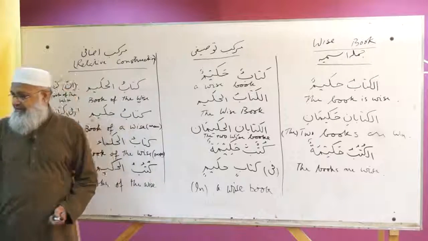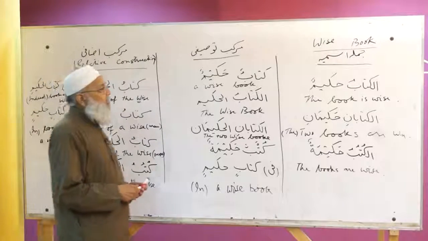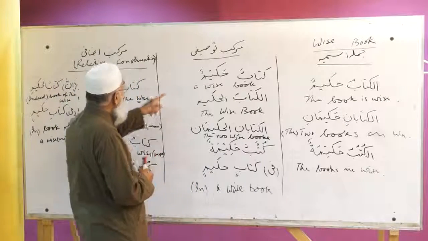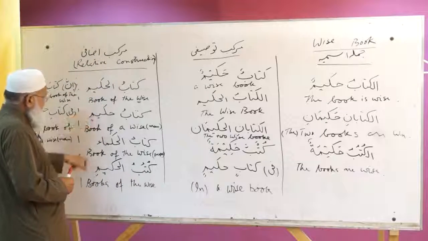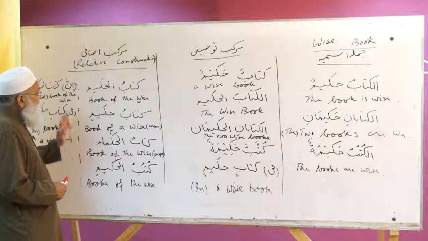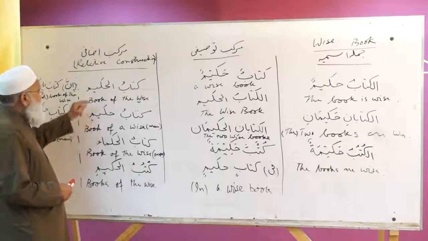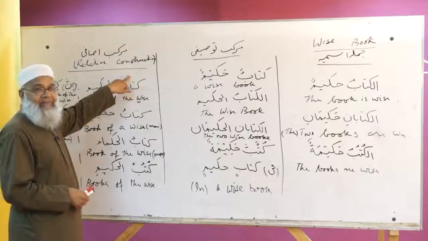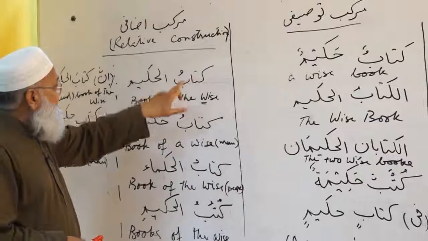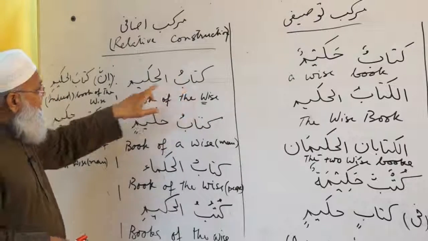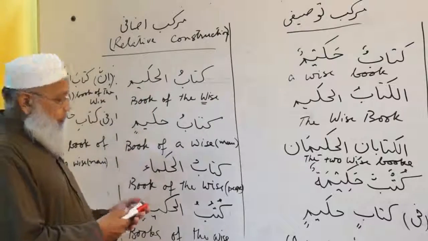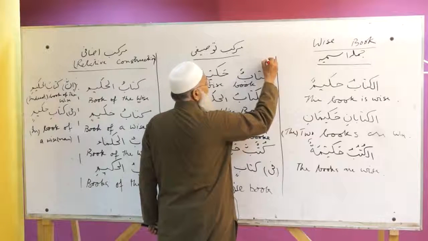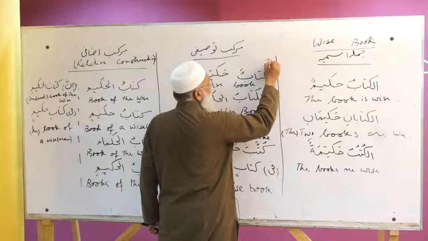You have to analyze each and every one of them individually, keeping in mind the meanings. For example, this is a relative construction, and in relative construction you have to remember that a noun related to a definite noun also becomes definite. So this kitab you will write down definite. You have to write down 4 characters. First of all you will decide it is definite or indefinite.